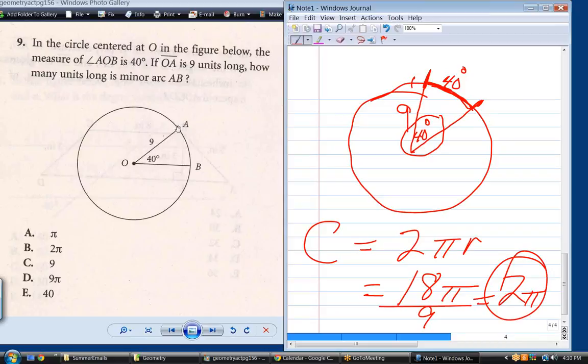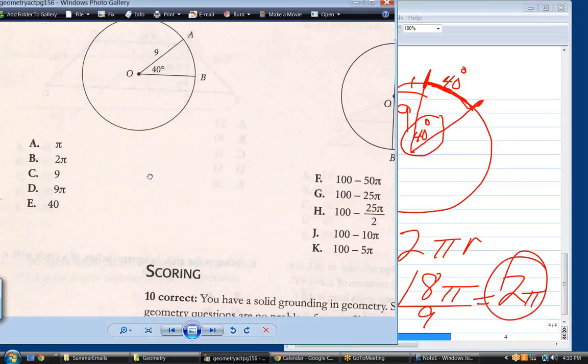But the other way to measure this is arc length. That's also 40 degrees. If I measure it as an arc in degrees, then that's the other way to measure it.